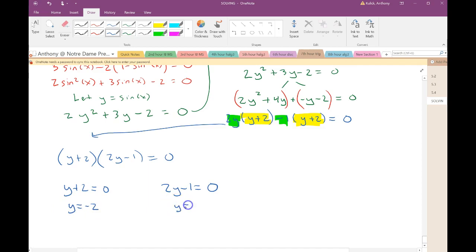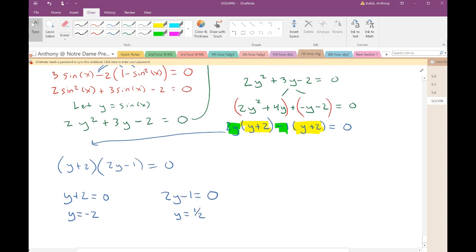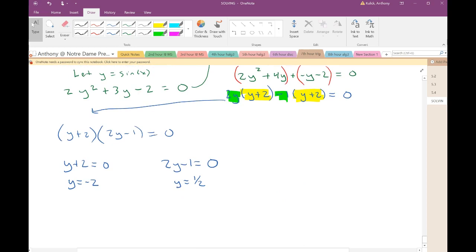And if I add 1 and divide by 2 for the other one, I have y equals 1/2. Am I finished? No. Remember that I wasn't trying to solve for y, I wanted to solve for x. What does y equal again? Sine x. So what we can do now is put that back in.